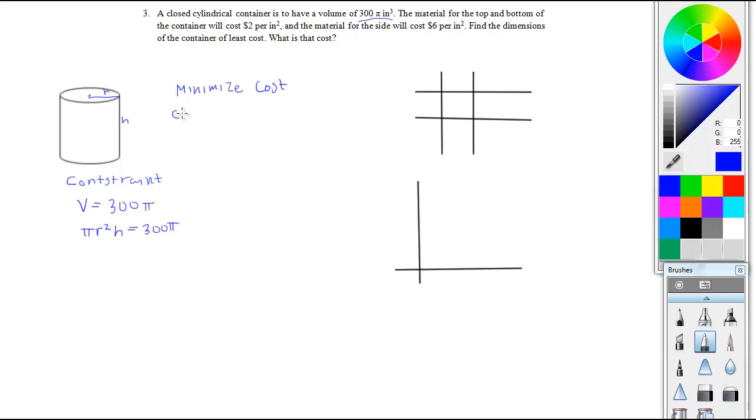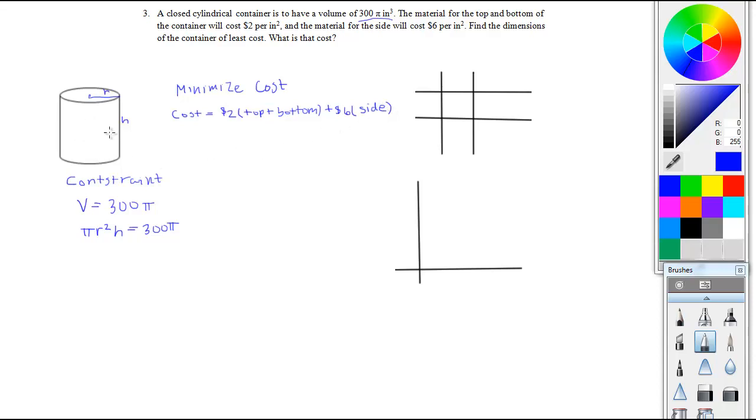So we could write that out in words and say, well, the cost is equal to $2 times the top plus the bottom plus $6 times the area of the lateral surface, or we'll say the side, meaning the band around here.